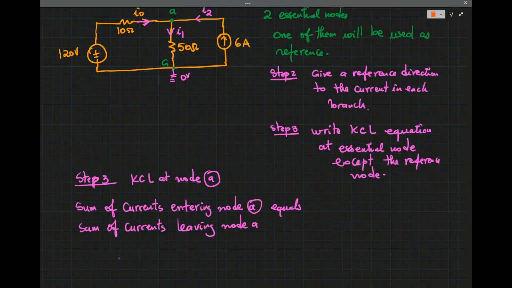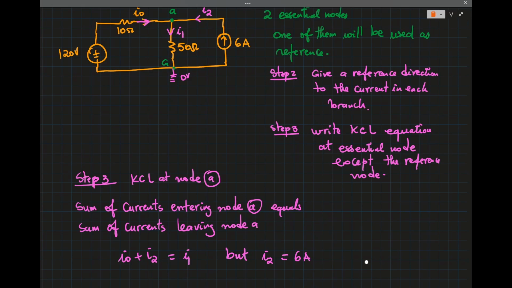That is I0 plus I2 equal to I1. That is my equation, but you agree with me that I2 equal to 6 amps, right? That is the current in that branch. So I2 equal to 6 amps.